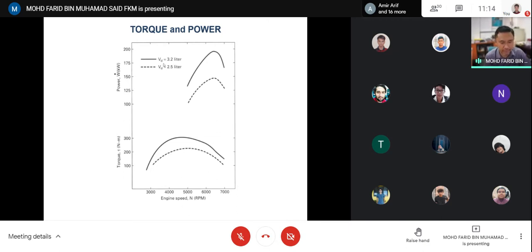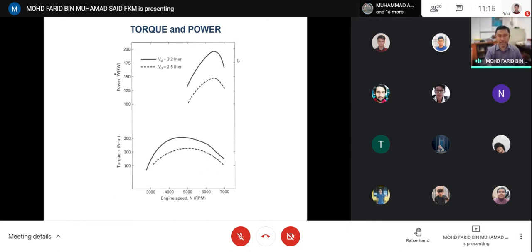During this module, you need to produce this kind of graph. You need to plot the torque and the power, and use the appropriate equations. I will give you the raw data, for example for a 1.5 liter engine with this bore size, this compression ratio, and a fuel ratio of 15. At a certain speed and temperature, plot from 1000 up to 7000 RPM how the torque, power, and efficiency look.